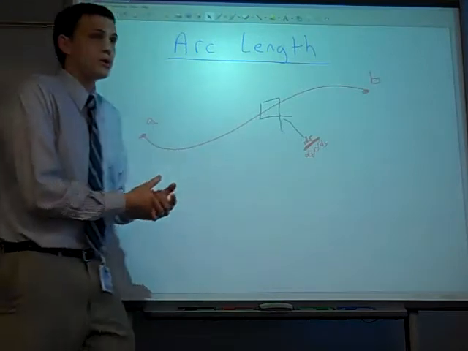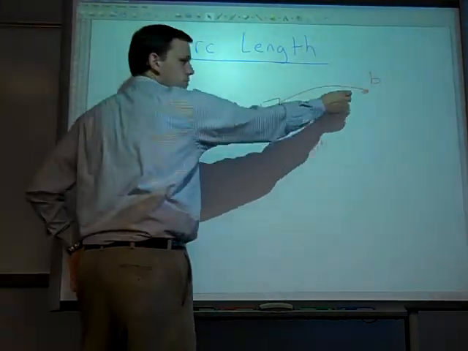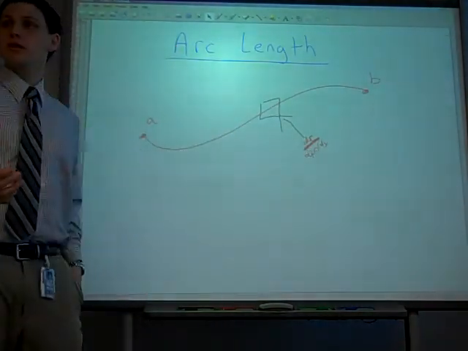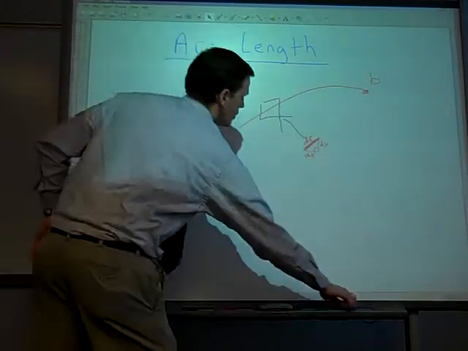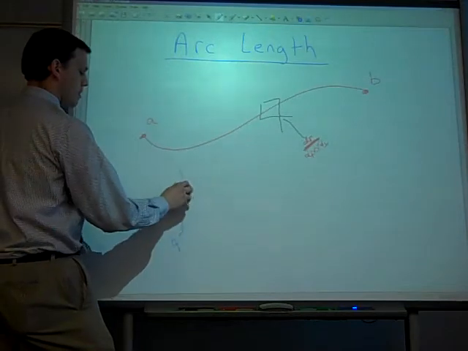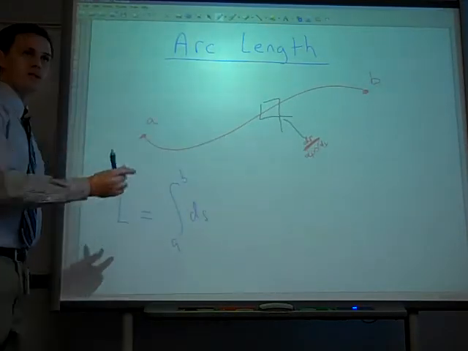The integral will add up all these small, point-like segments, and that will create the arc length. That's how we construct the arc length. So the length is the integral from a to b of all these ds's. That's what we're adding up, each ds.